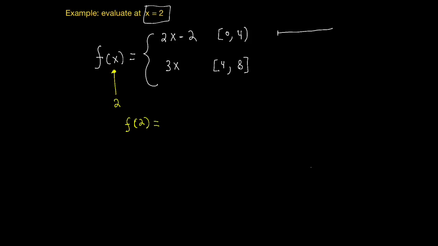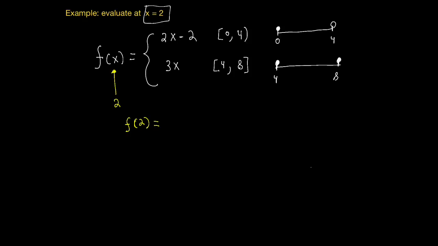So I have a 0, and this is a closed circle because of the bracket, and then I have a 4 with the open circle because of the parentheses. And then on the one on the bottom, I have a 4 closed circle, 8 closed circle.